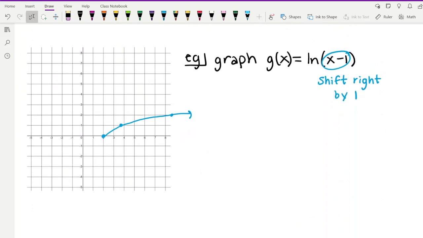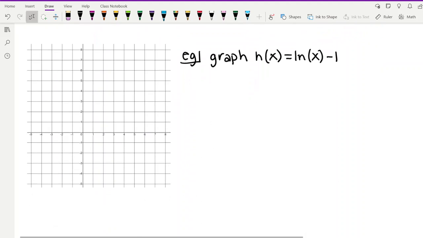Well, if we shifted everything to the right by 1, the asymptote should be at 1. So here we have a vertical asymptote at x is equal to 1 instead of at x is equal to 0. And so our graph is going to look like this.